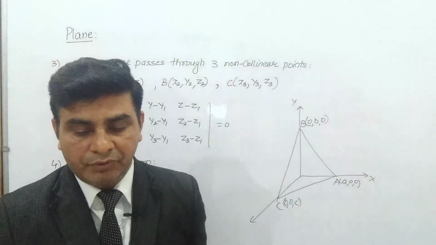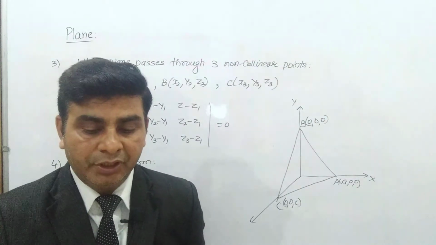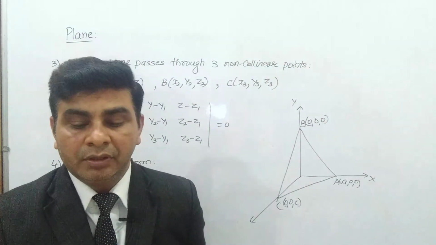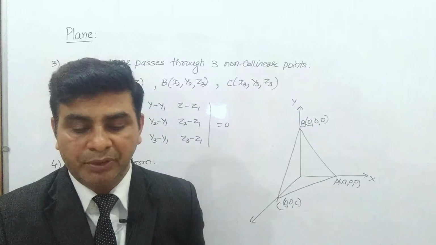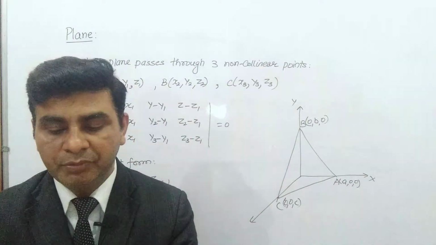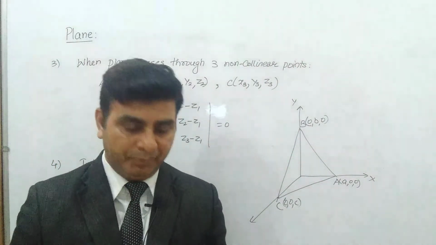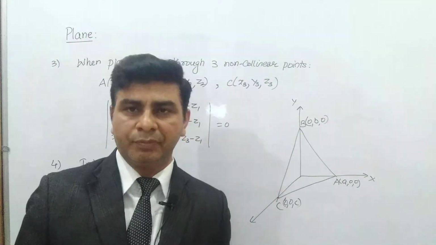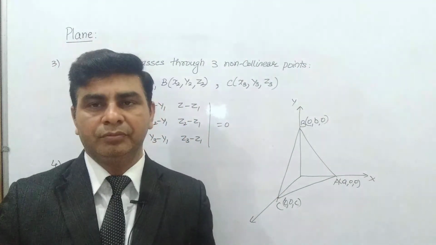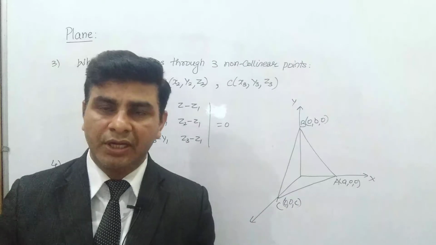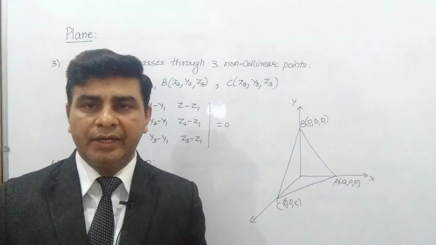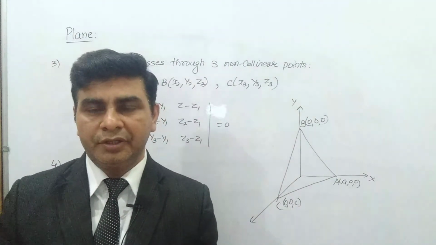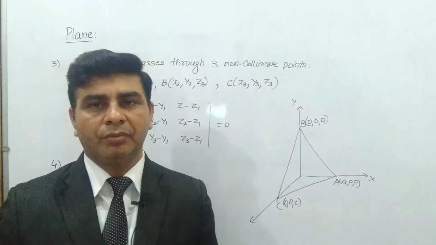Question number 1, in which we need to find the direction cosines of the normal to the plane and distance from the origin from the given plane. We are given the equation of a plane in general form and we want to find the direction cosines of the normal to the plane, and also we are interested to find the distance from the origin.